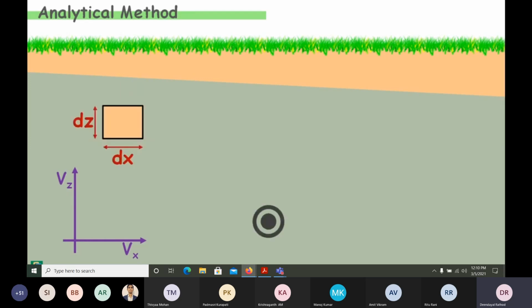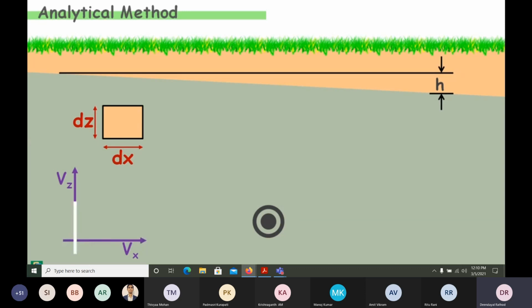The y direction is normal to the plane. Let's say water is flowing in the soil because of hydraulic head H and the hydraulic gradients in the x and z directions are Ix and Iz respectively. Water is not flowing in the y direction as we are analyzing flow only in two dimensions.